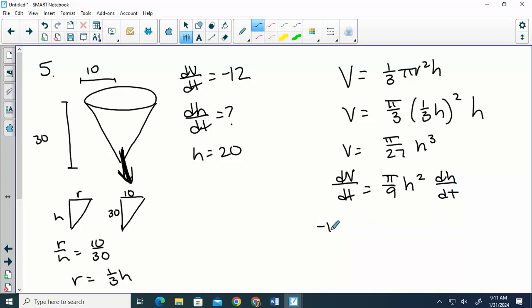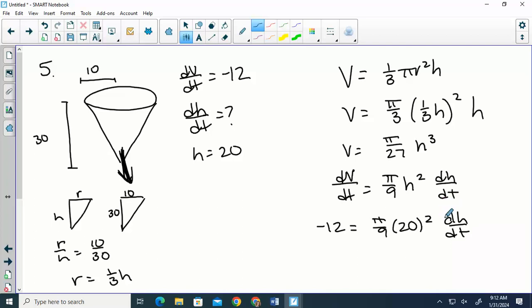So then we plug in our stuff. We've seen it a lot with these cone problems. We've also had some with rectangles where I might give you how the width is changing but not the length or something like that. If you don't have any information about it, try to get rid of that variable before you do your derivative.